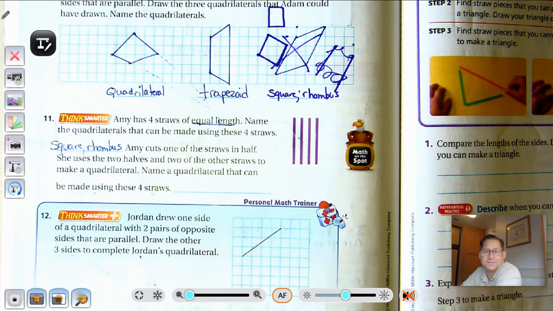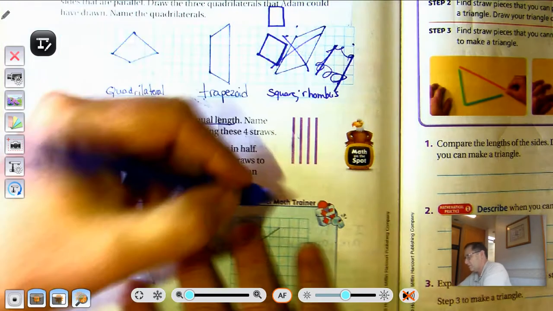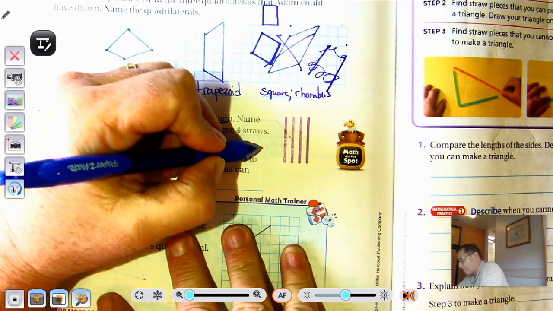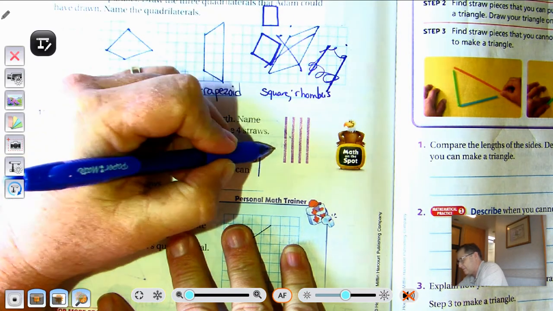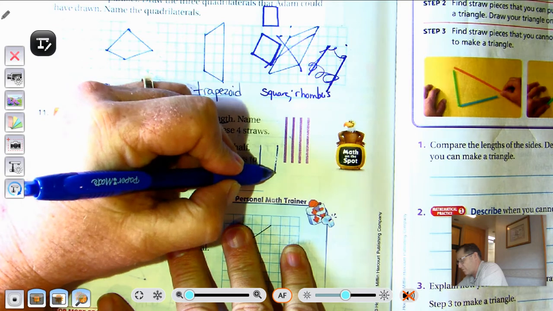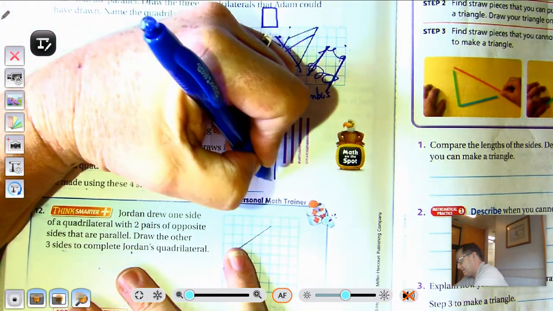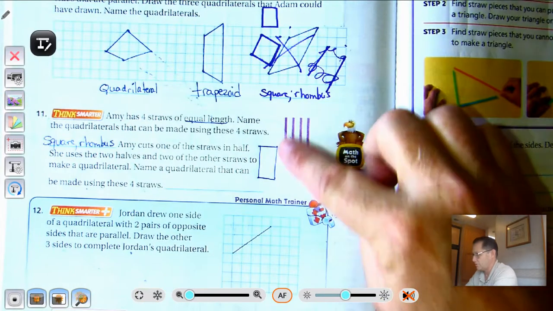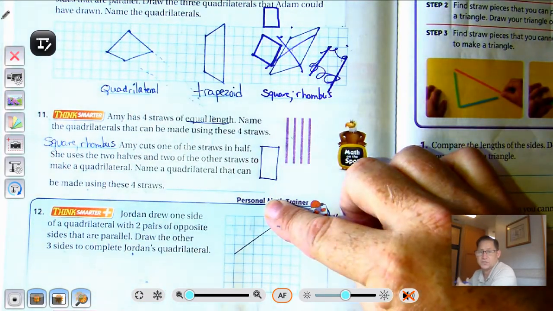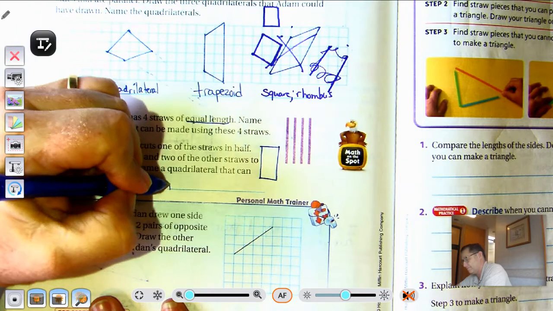Using the 2 halves and 2 of the other straws to make a quadrilateral. So this is what they're saying. So let's say we had, those were the 2 straws that weren't cut. And then she cut one other straw and she used those 2 pieces. Well, what'd she make? She made a rectangle.